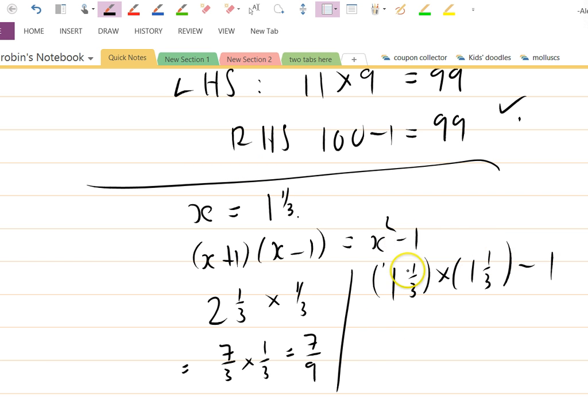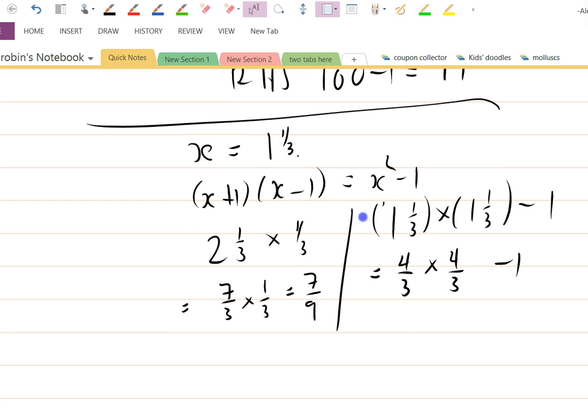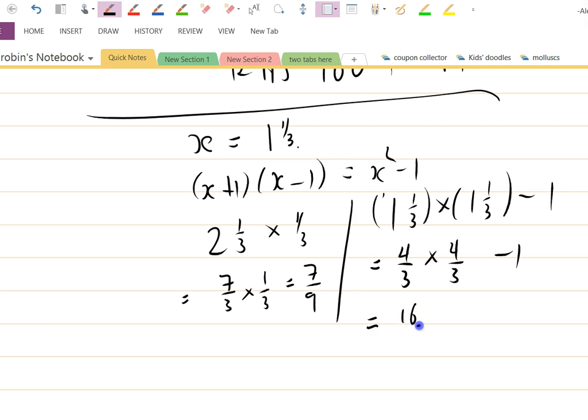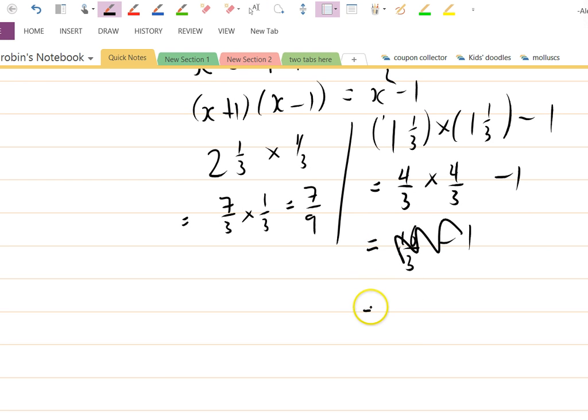Well, it's minus 1 because of that. Equals 4/3 times 4/3 minus 1 equals 16 9ths, because 3 3s are 9, take away 1.